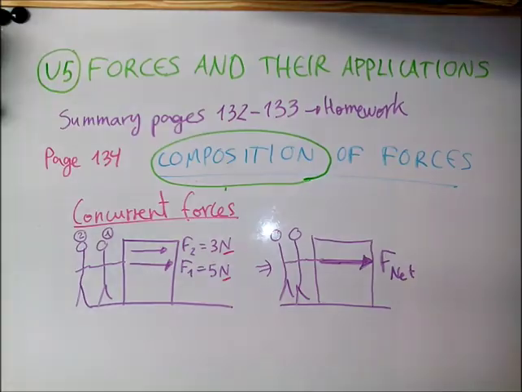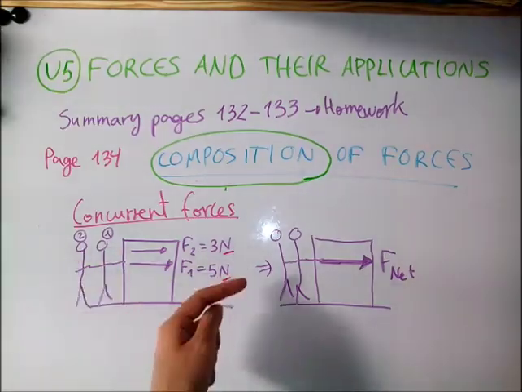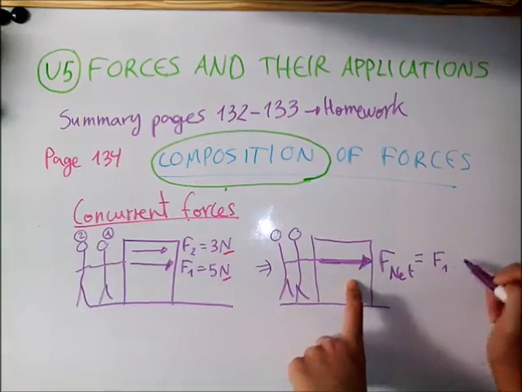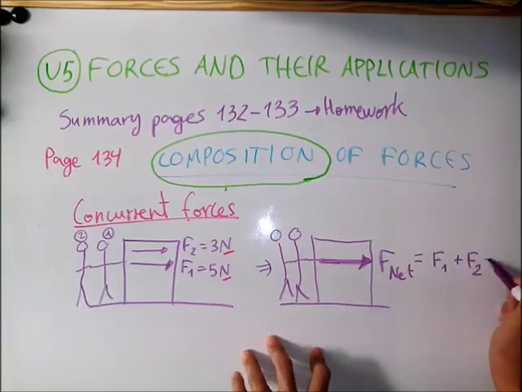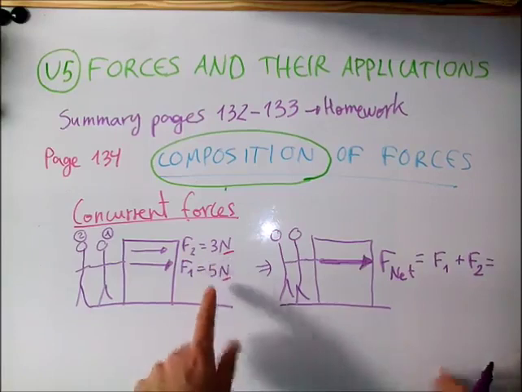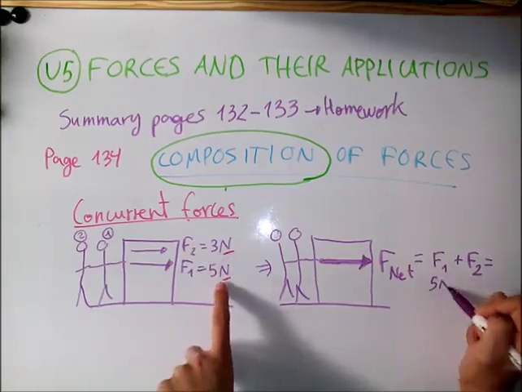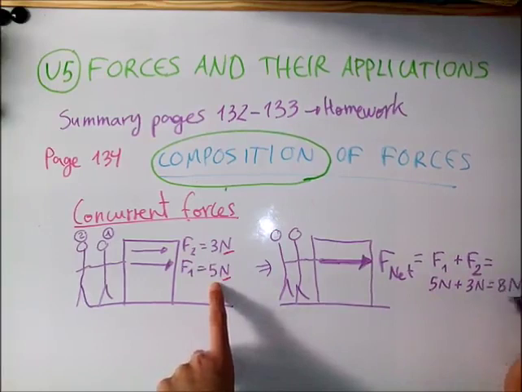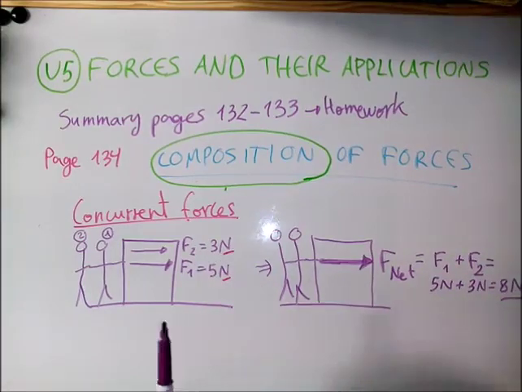So the net force in this case, because both people are pushing in the same direction, would be the addition of 2 forces. So it would be force 1 plus force 2. In this case, for example, we would have 5 Newton plus 3 Newton. We would have 8 Newton in this example, okay? So they are pushing in the same direction, okay?